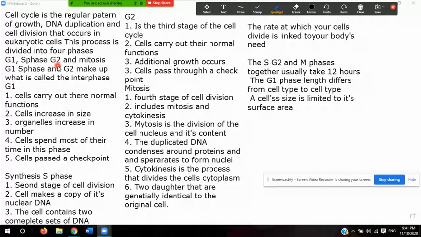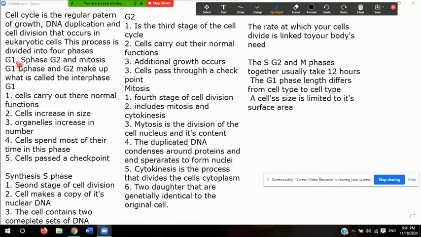Now, technically, G2 was discovered later. When scientists first started to discover this, they thought there were just 2 cycles. The G stands for gap because in the first days when this was discovered, scientists saw that no cell growth was occurring.